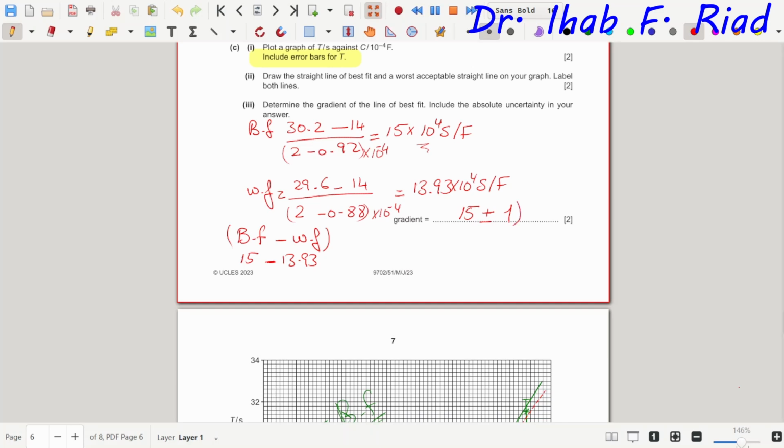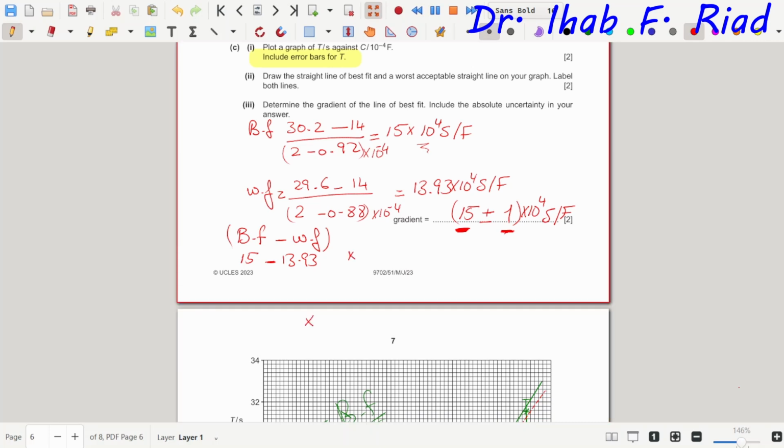And we are going to quote the 10 to the power 4 s per farad. Make sure that the value you quote here has the same number of decimal places as the uncertainty.